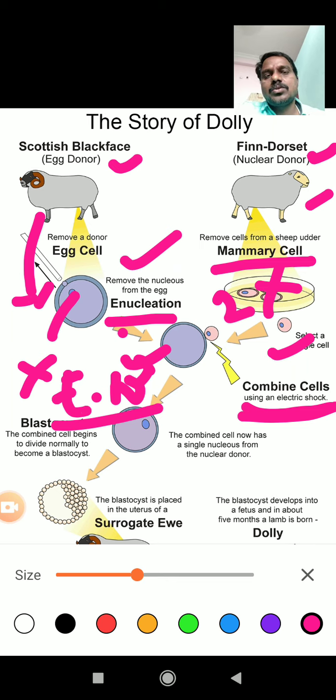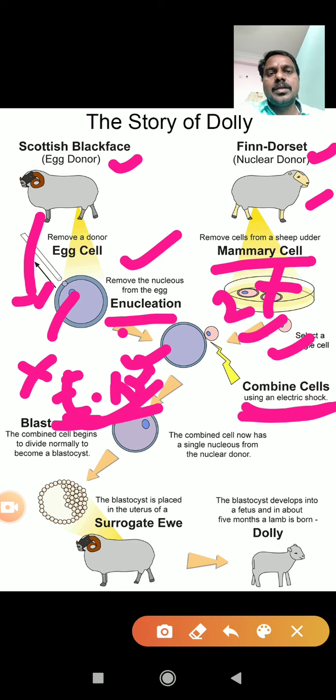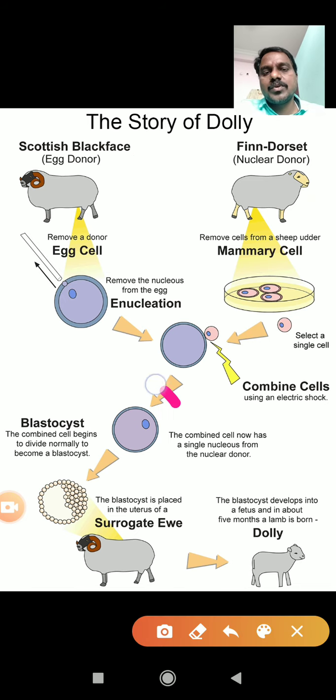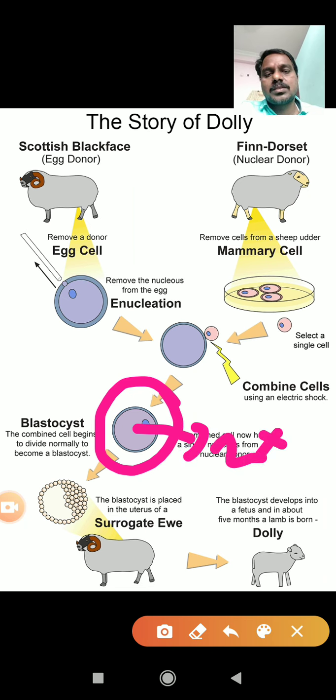When the electric shock is applied, the 2x mammary cell and the enucleated egg are fused, and a complete artificial fertilized-like egg is produced, because it contains a 2x, diploid nucleus in the enucleated egg cell.